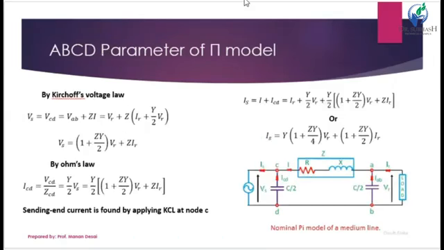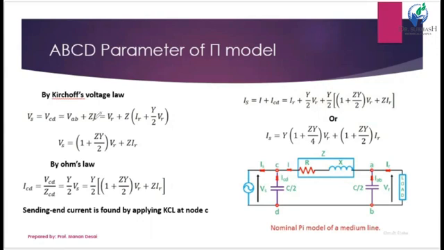Now for the ABCD parameters of the pi model, by Kirchhoff's law, VS is equal to VCD, which is equal to VAB plus ZI.